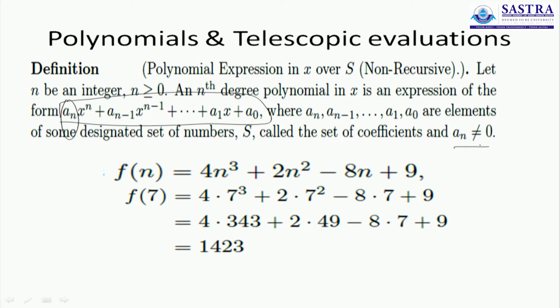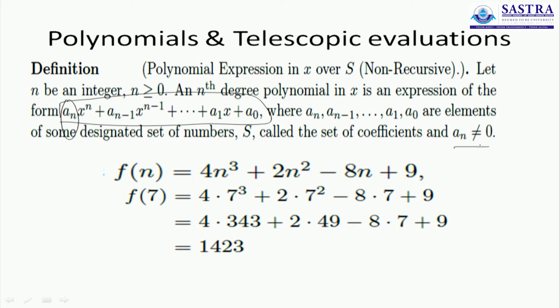Now, an example for a polynomial can be given like the one on your screens now. F of n is 4 times n to the power of 3 plus 2 times n squared minus 8n plus 9. And the evaluation of a polynomial will imply that we are finding the value of f of n for a particular number n.